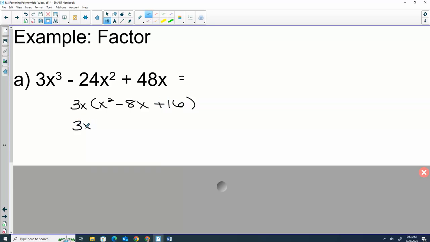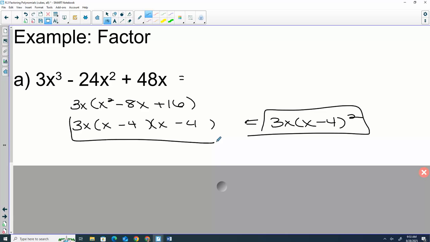So now we just need to know what multiplies to a positive 16, adds to negative 8. That's negative 4 and negative 4. Or you could write that as x minus 4 squared. I'll accept either one. Doesn't matter to me. All right, good. So you guys all remembered how to take out the GCF.